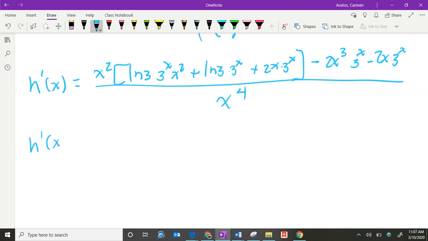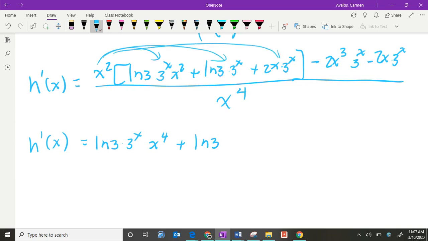And then h prime is then going to be ln of 3, 3 to the x, x to the fourth, plus ln of 3, because what we're doing is we're distributing it to each part of this: ln of 3, 3 to the x times x squared, plus 2x cubed times 3 to the x, minus 2x cubed times 3 to the x. Okay.